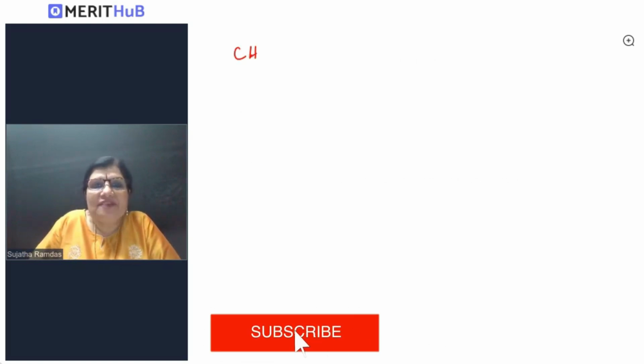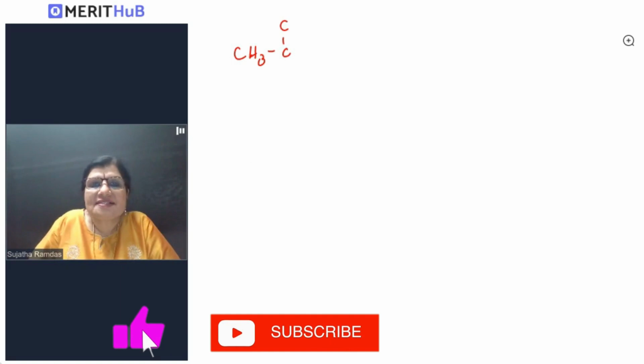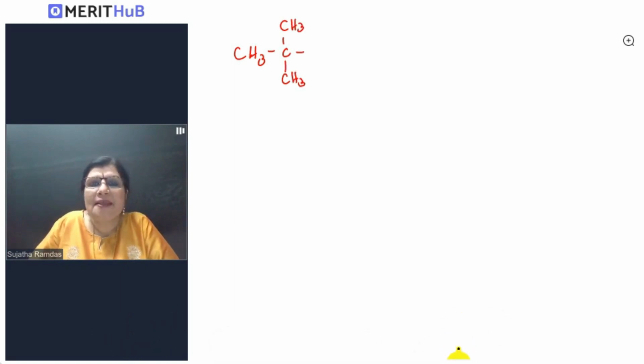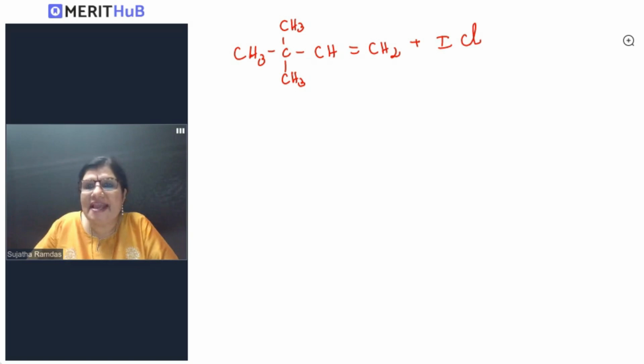So here we have (CH3)3C-CH=CH2 plus ICl. Now in ICl, iodine is less electronegative than chlorine and therefore will be the positive part, or the electrophile, of this reagent, and chlorine will be carrying a minus charge.